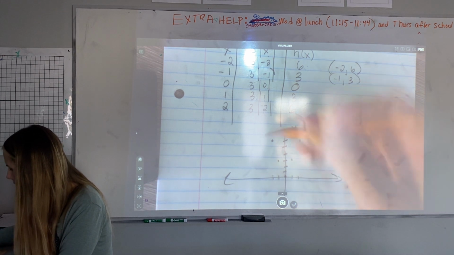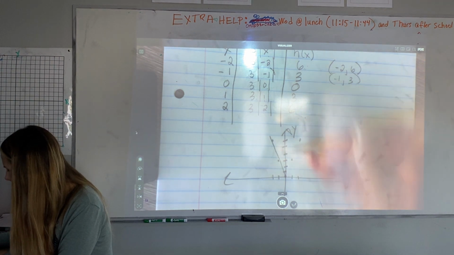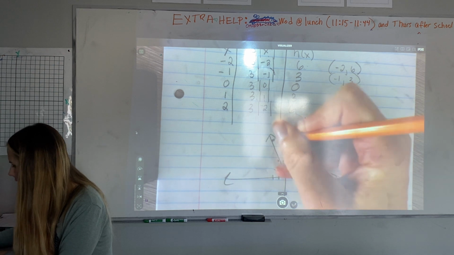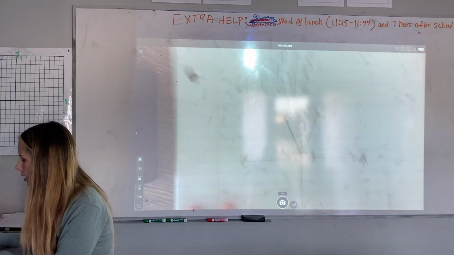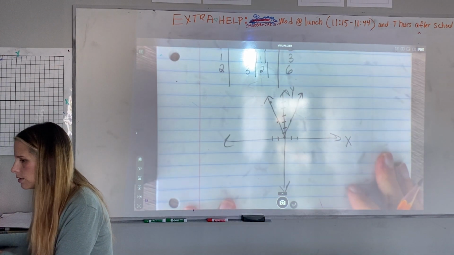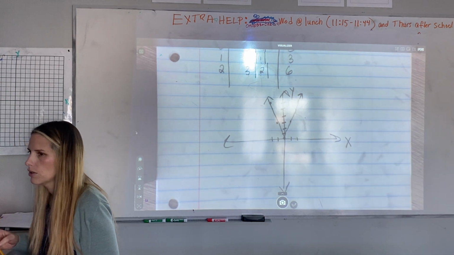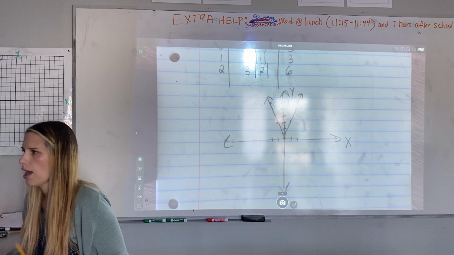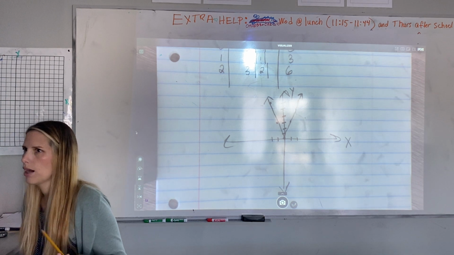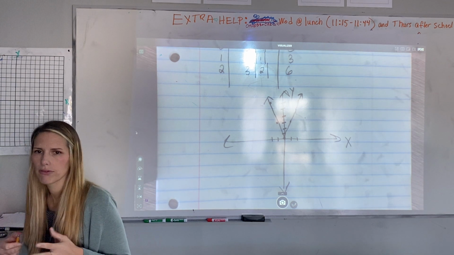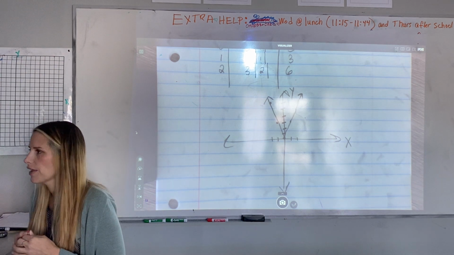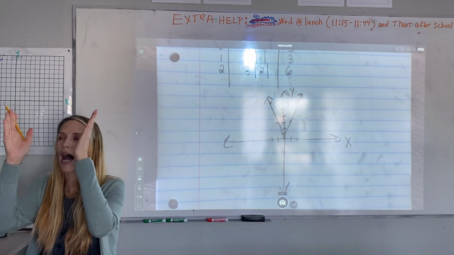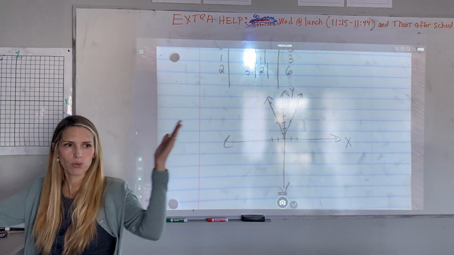We see what's happening, right? Yep, it's making that absolute value V. Now we analyze. It's asking for the domain. The domain is, what are the X values that will show up on the points of this graph? All of them. Even though this looks like a very skinny graph where it's going so high, it's still going outward, right?